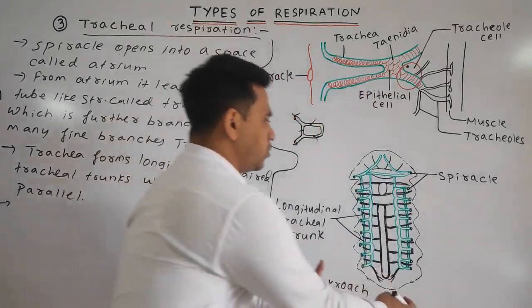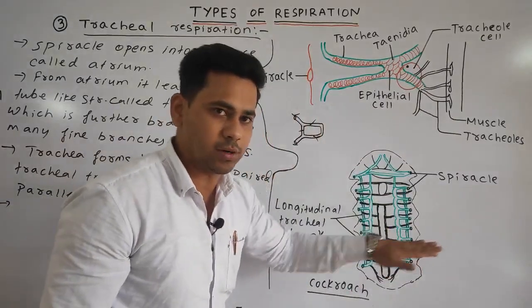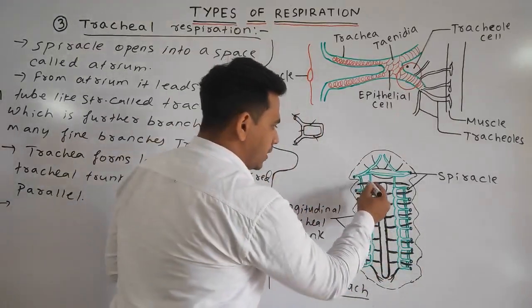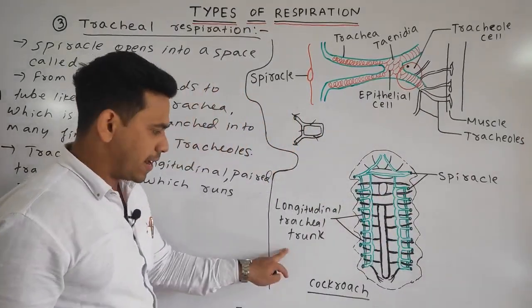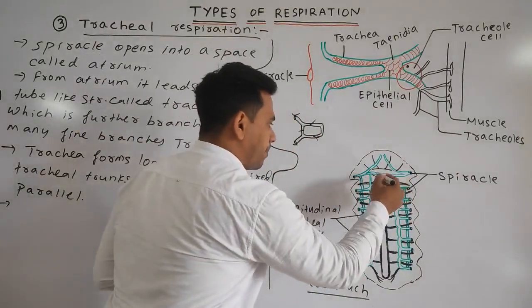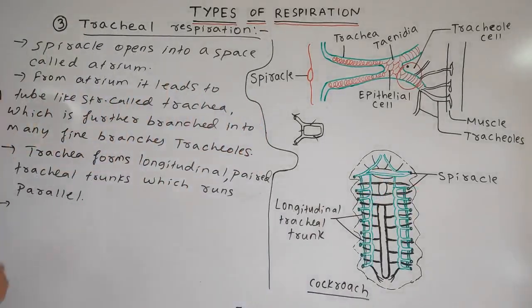This one is the longitudinal section, this one is the transverse section. The longitudinal tracheal trunks are connected by the transverse commissure.